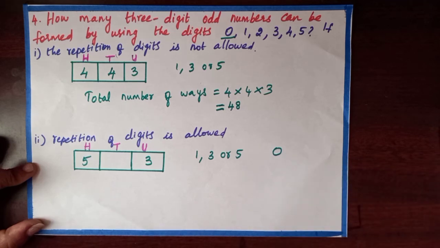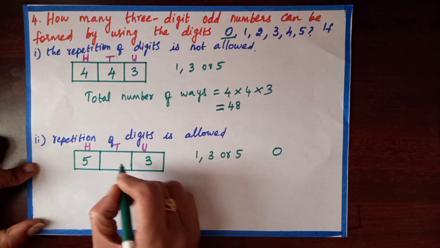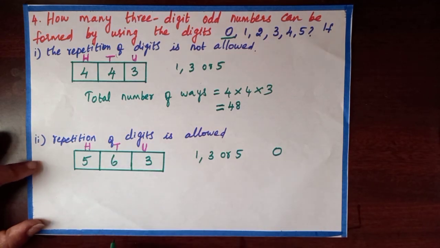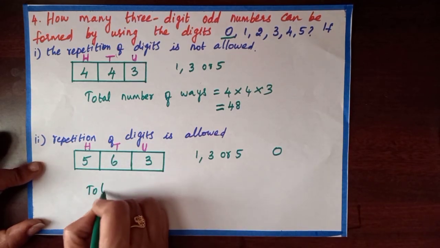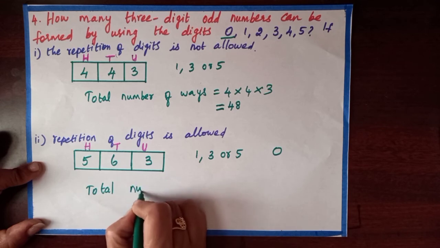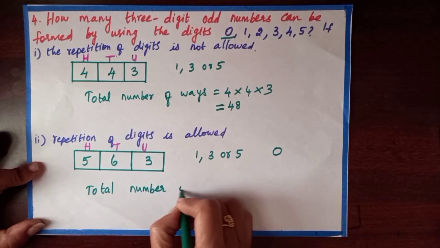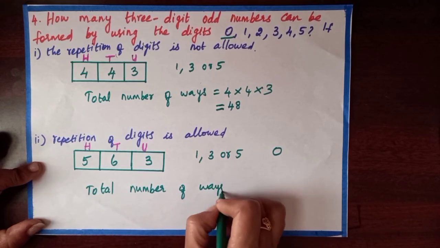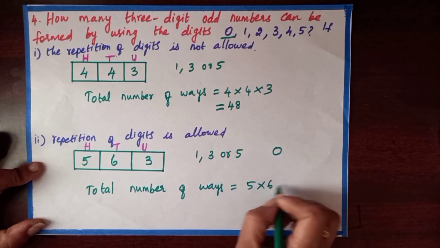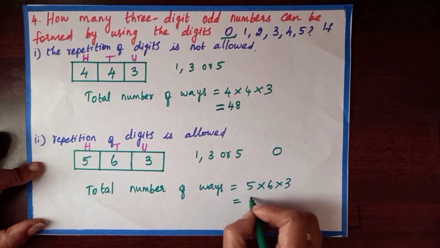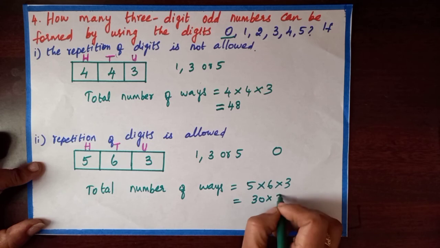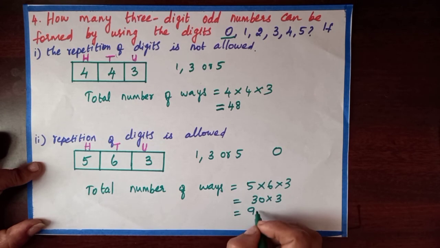And repetition of digit is allowed, so tens place can be filled in 6 ways. So, total number of ways is equal to 5 into 6 into 3. 5 6s are 30, 30 into 3 is equal to 90.